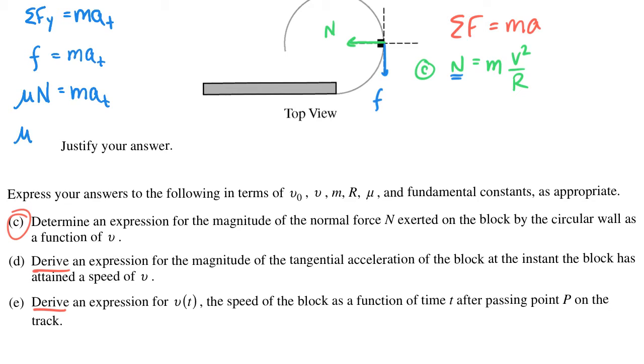So when I cancel out the m's here, I'll get that the tangential acceleration is going to be equal to mu v squared over r. Any questions about this? Go ahead, Tyler.